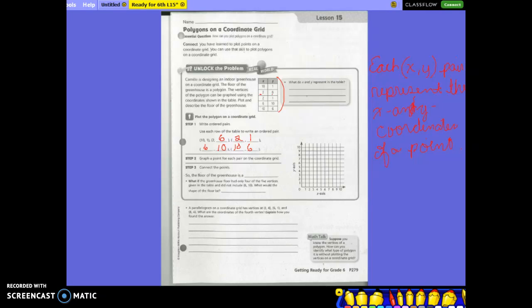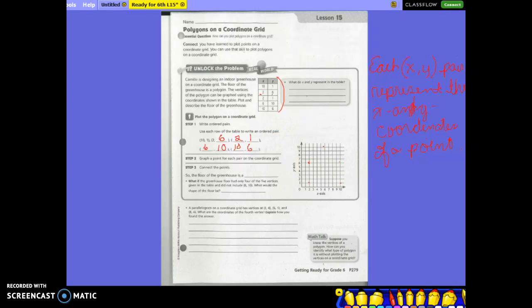So we're going to go across 10 and up 1. We're going to go across 2 and up 6. We're going to go across 2 and up 1. We're going to go over 6 and up to 10. And we're going to go over to 10 and up to 6.